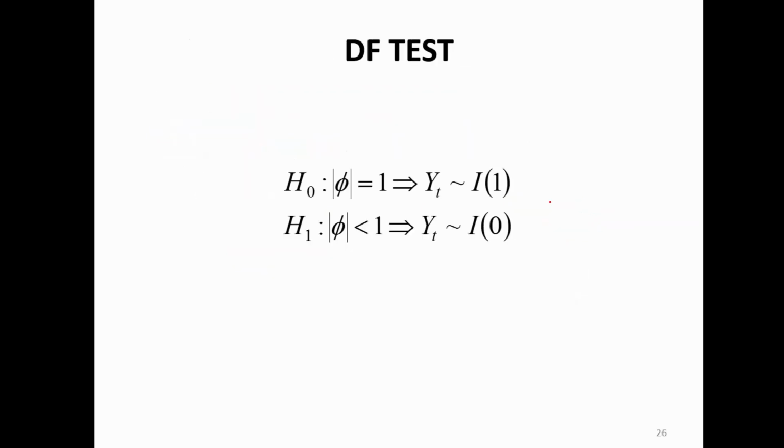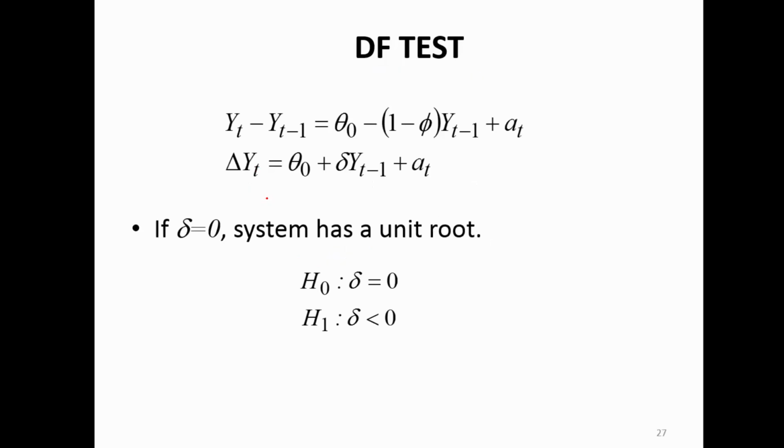So the hypothesis testing in the case of a Dickey-Fuller test is like this: the modulus of phi is 1, which is the null hypothesis, or the modulus of phi is less than 1, which is the alternative hypothesis. Either this will get accepted, or we'll reject the null hypothesis, depending on what the test statistic value is.